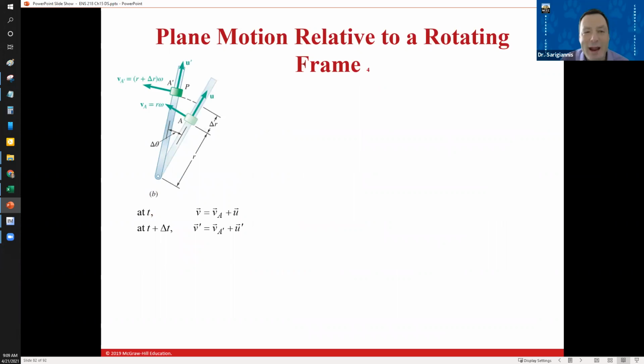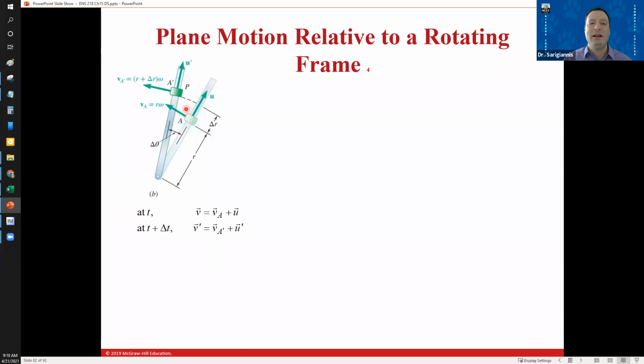Let's take this collar and let's take 2 positions, right? This position here, a starting position, and then a second position here. So there's some increment of time that carries it through this delta theta, right? And you can see the velocities. VA is R omega, and U is here. Here we've got U prime, and here we've got VA prime is R plus delta R omega, right?